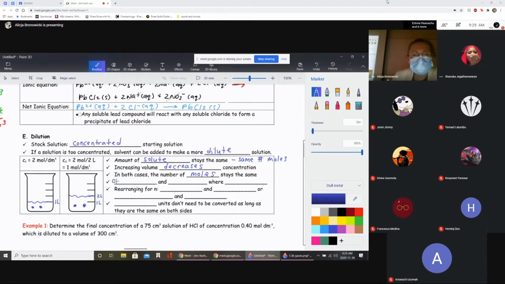So C1 equals N1 over V1. Let's say that's our first concentration here, and C2 equals N2 over V2.